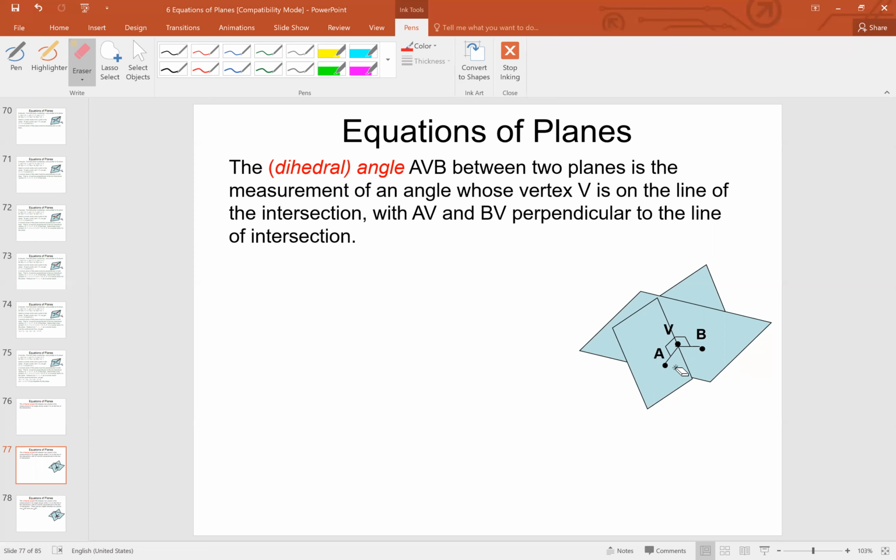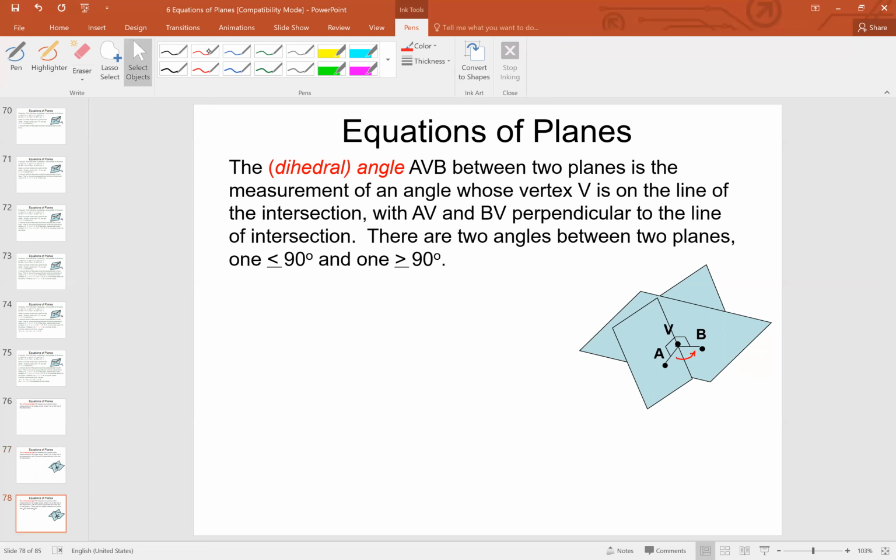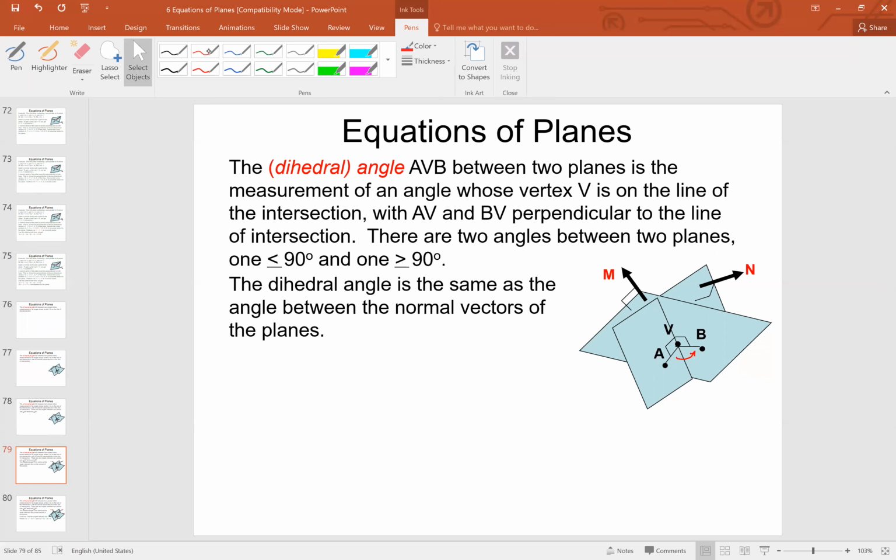If you think about it, the dihedral angle is the angle between the normals. Let me draw this picture a little. I put the planes like that, and it's just two planes. Then it is easier to see that the dihedral angle and the angle between the two normals are the same thing.